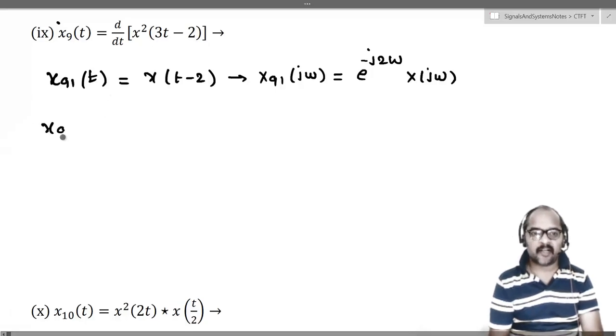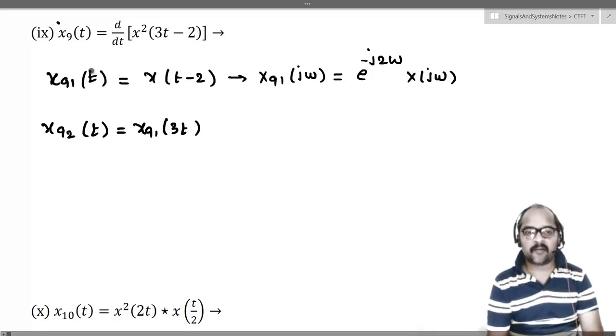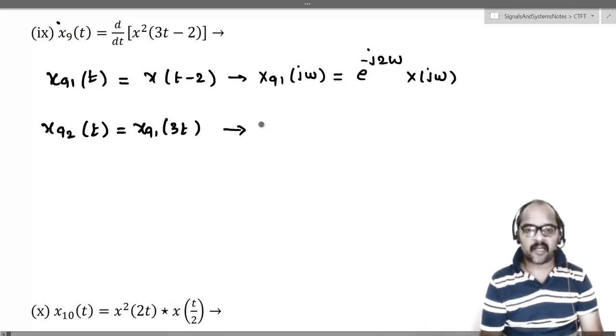Next, we have to find the Fourier transform of x of 3t minus 2. We define that as a new signal x92 of t, which is nothing but x91 of 3t. In x91 of t, replace t with 3t. Which property is this? x91 of 3t is the time scaling property.